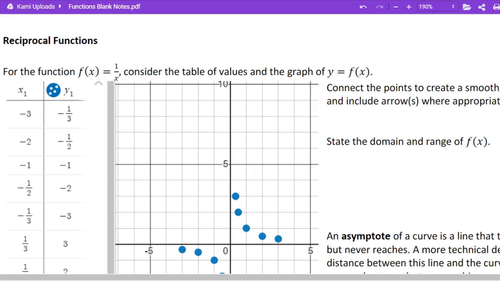All right, reciprocal. We know that the reciprocal of x is 1 over x, right? And as such, here, wait, let me write it differently.